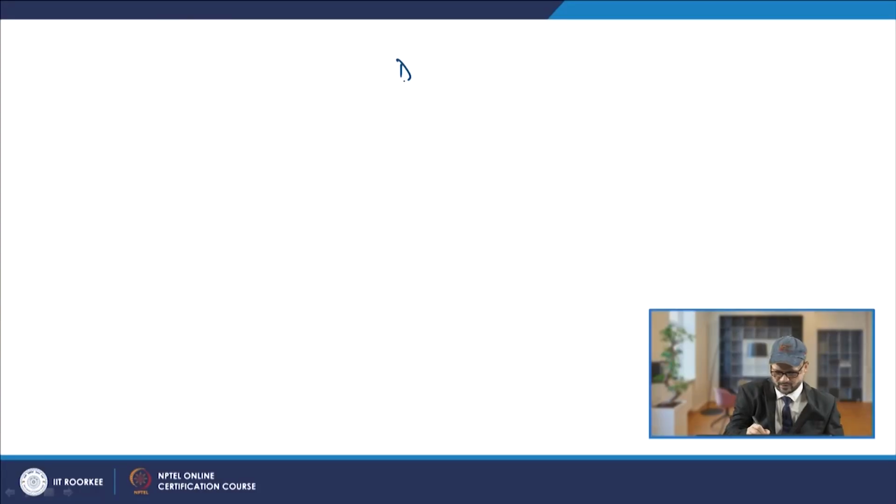For that you first have the use of the design formula. There are standard design formulas, and in these formulas different terms are used.